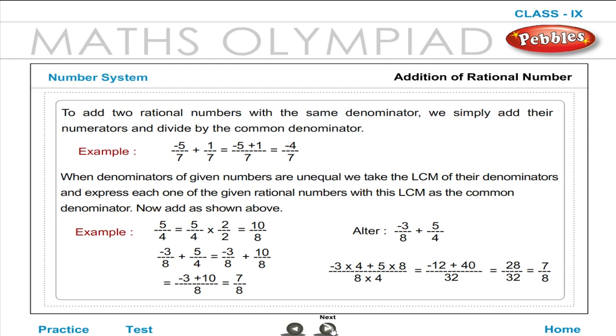So minus 3 by 8 plus 5 by 4 is equal to minus 3 by 8 plus 10 by 8, which is equal to minus 3 plus 10 by 8, that is equal to 7 by 8. Alternate method: minus 3 by 8 plus 5 by 4 is equal to minus 3 into 4 plus 5 into 8 divided by 8 into 4, which is equal to minus 12 plus 40 divided by 32. That will give you 28 by 32, that is equal to 7 by 8.